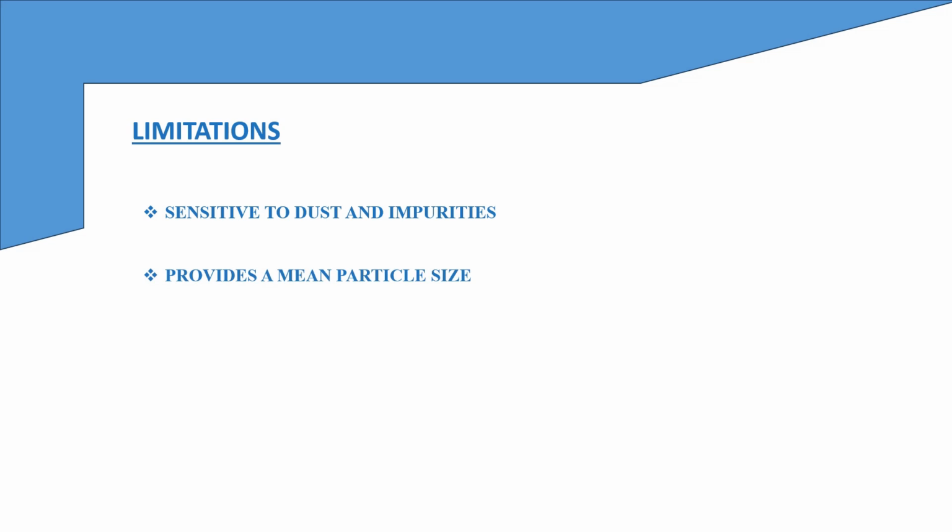The mean size is typically reported as the Z-average diameter, which is the intensity-weighted harmonic mean diameter obtained from the DLS data. It is less accurate with polydisperse samples. The Zetasizer struggles with highly polydisperse samples where particles vary widely in size.